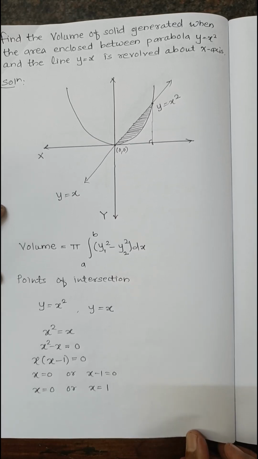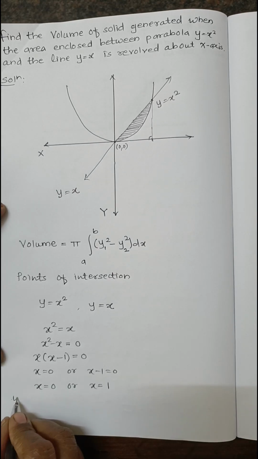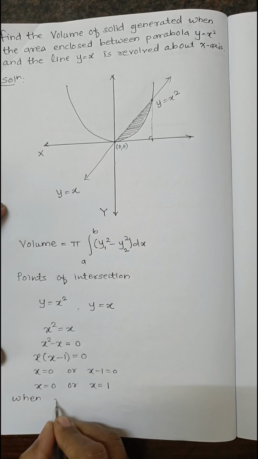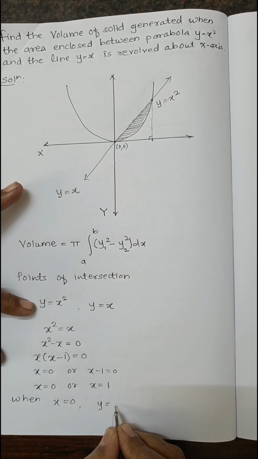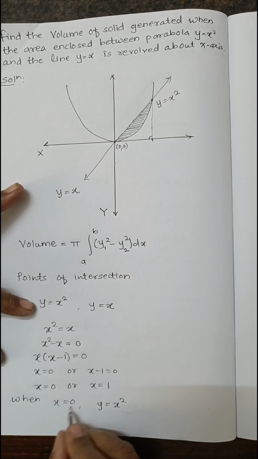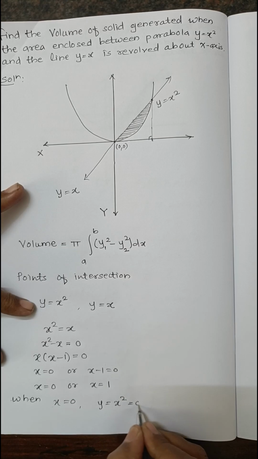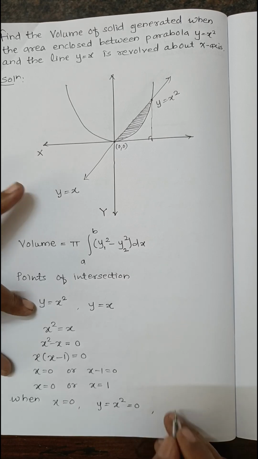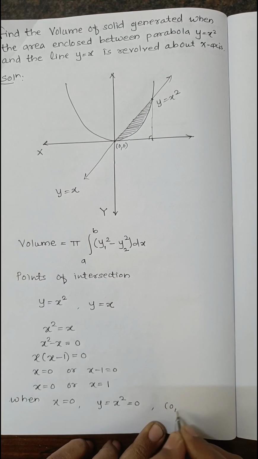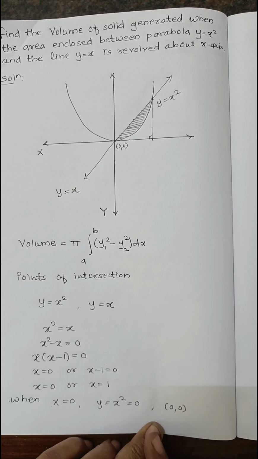Now when x is 0, y is x square, 0 square is 0, therefore y is equal to 0. Therefore the first point of intersection is 0, 0.